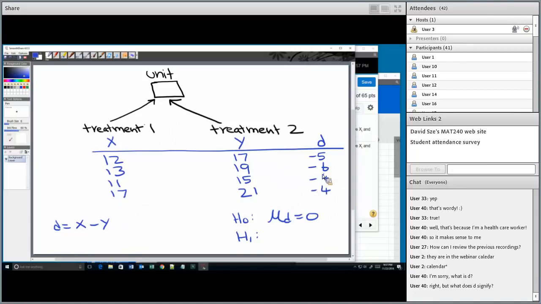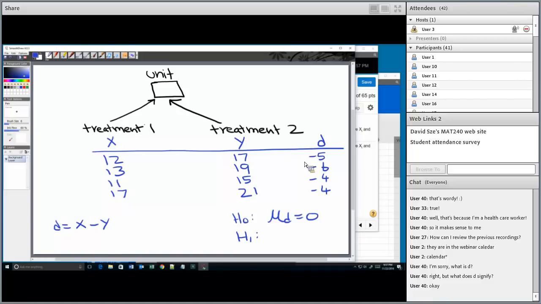Well, D just signifies difference, right? D is just difference. Difference between the first and the second sample. And D is calculated as X minus Y. So I take each X minus Y, I get that.